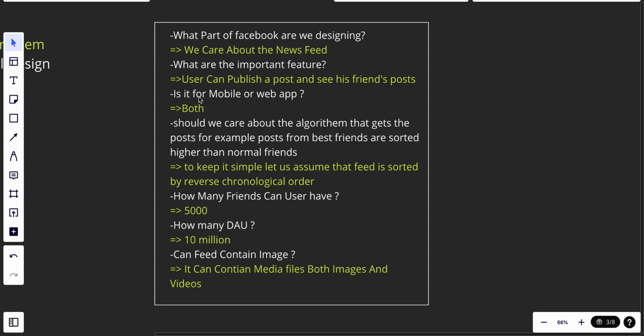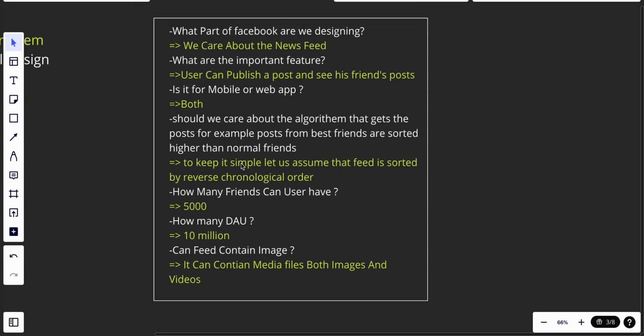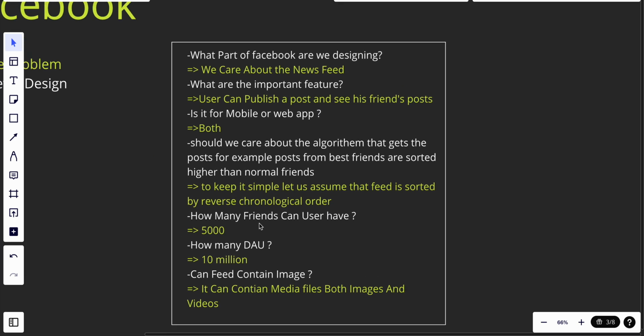And the non-functional requirements are that we have 10 million daily active users. We are global, and a user can have up to 5,000 friends, and for 10 million users, yeah, it's a lot of data. However, we will manage to solve all of that, and maybe we can just add we care about availability and latency.